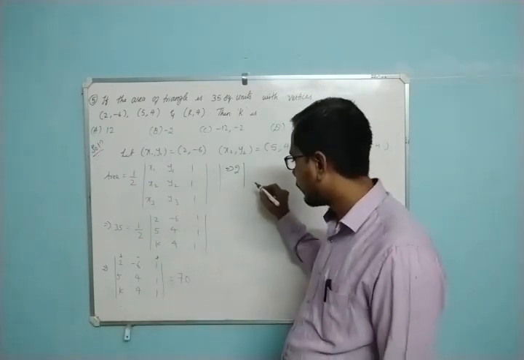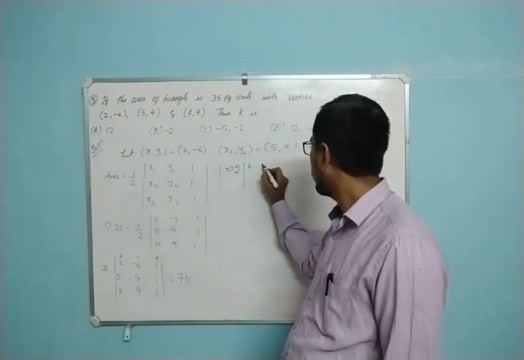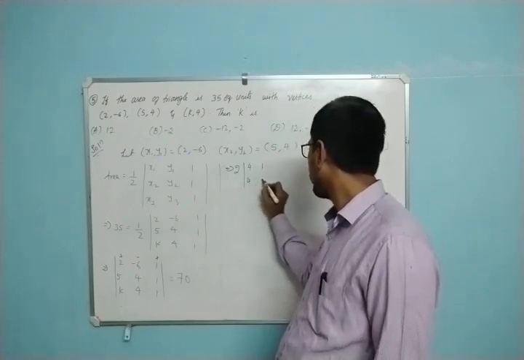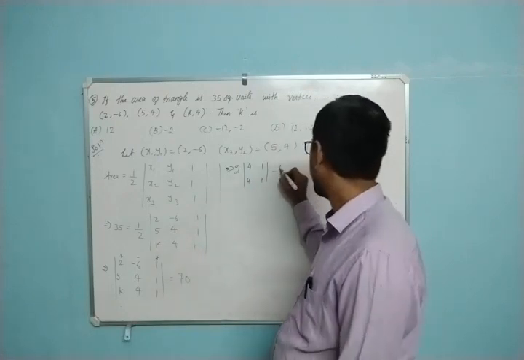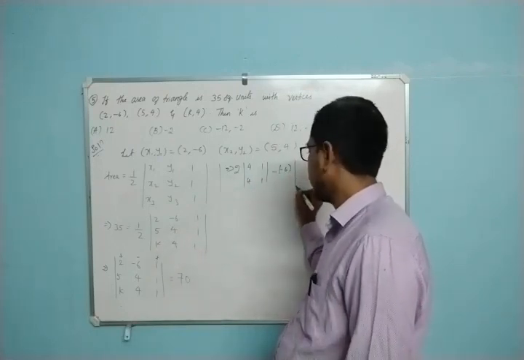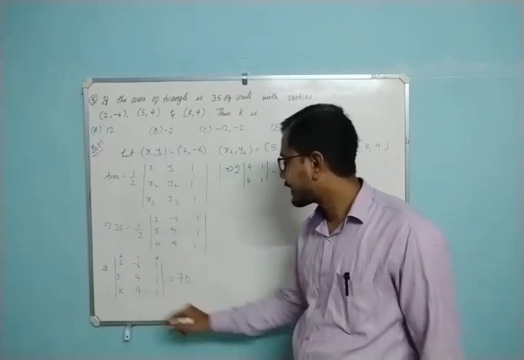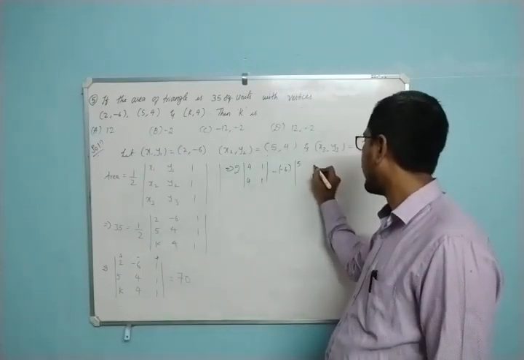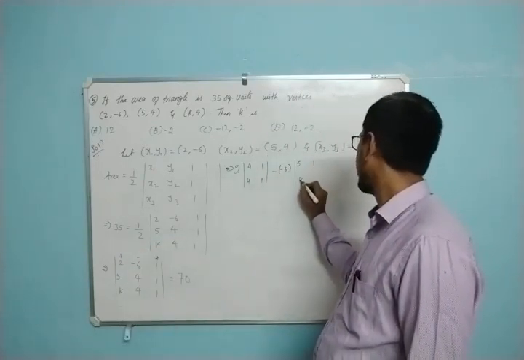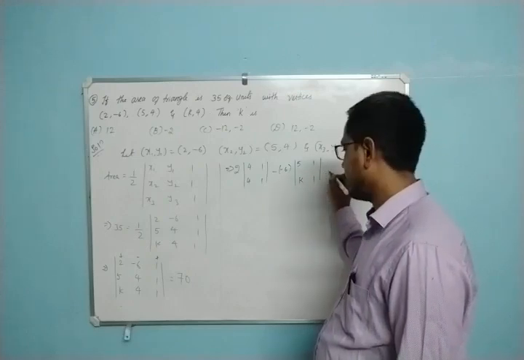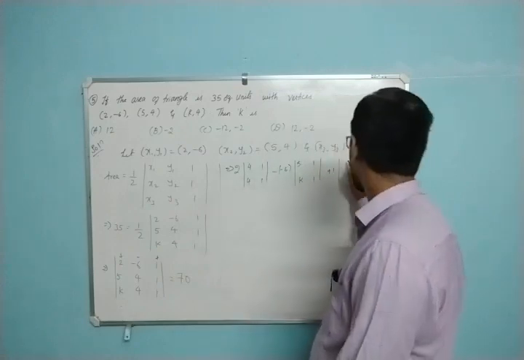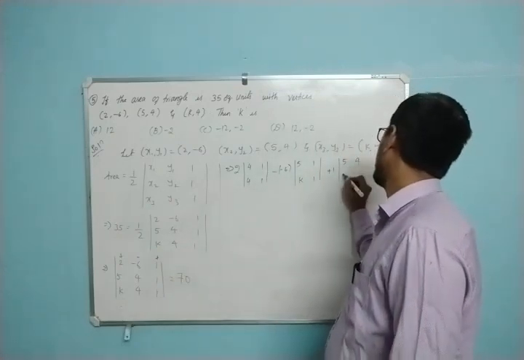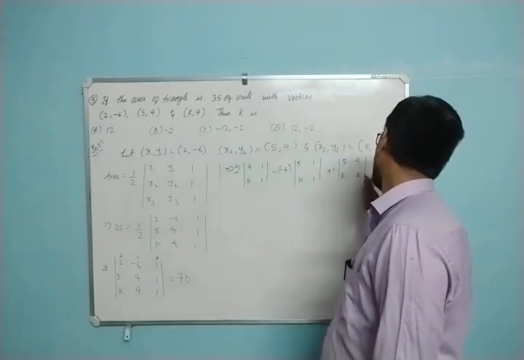what will be the value? 4, 1, 4, 1, minus of minus 6. So leave the first row and second column. So what will be there here? 5, 1, k, 1, plus 1 into, leaving the first row and third column, so what remains? 5, 4, k, 4.